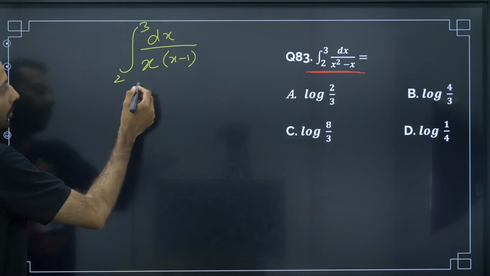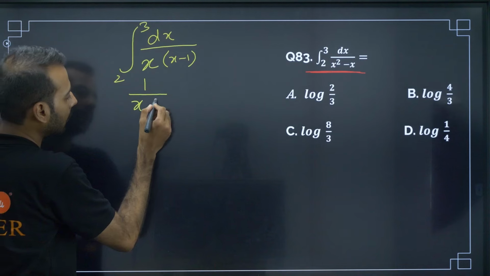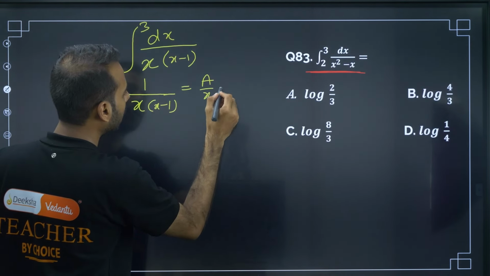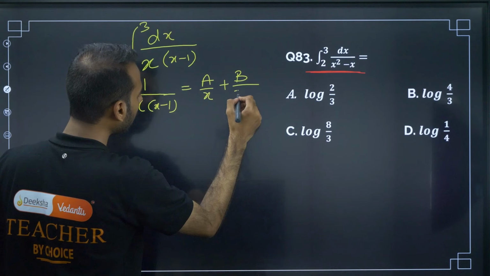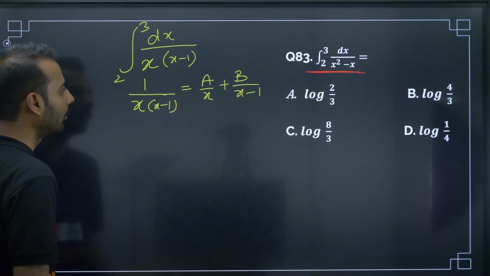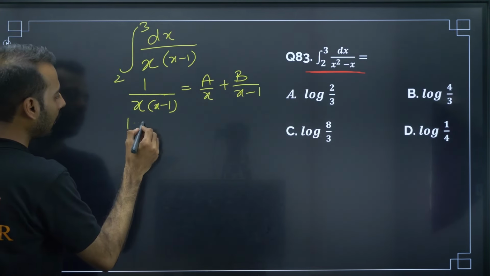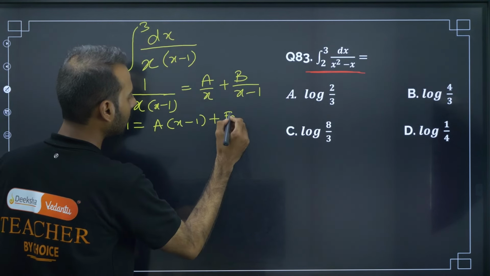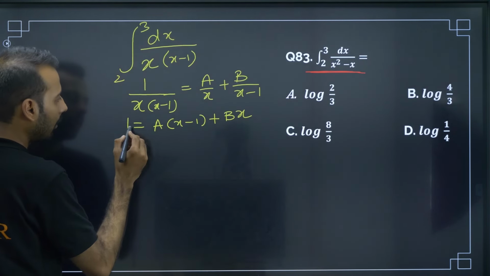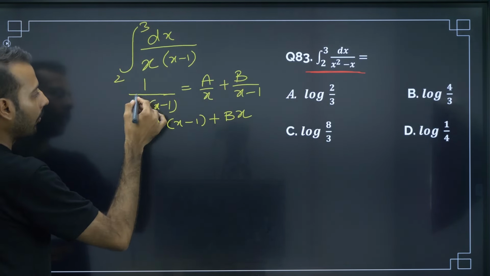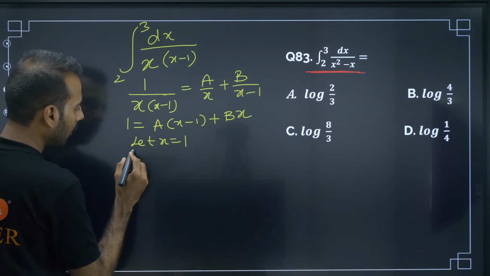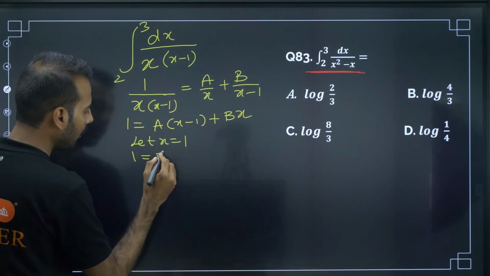Now for this I will write 1 by x minus 1 as a divided by x plus b divided by x minus 1. Next, if I simplify this, I am taking LCM, this becomes a(x minus 1) plus bx. Let x equal to 1, 1 is equal to b.